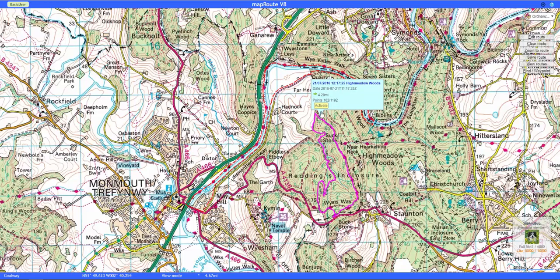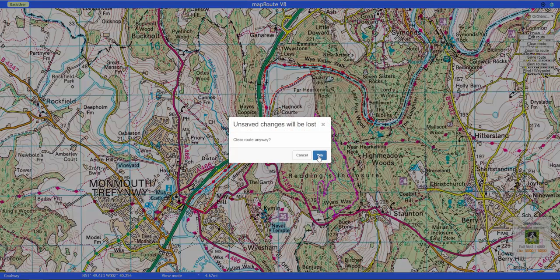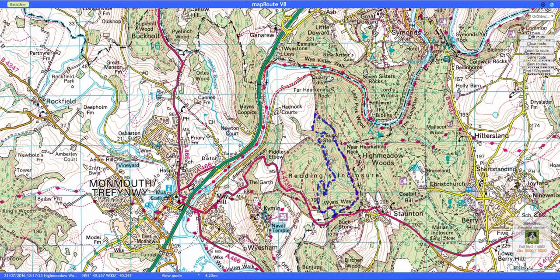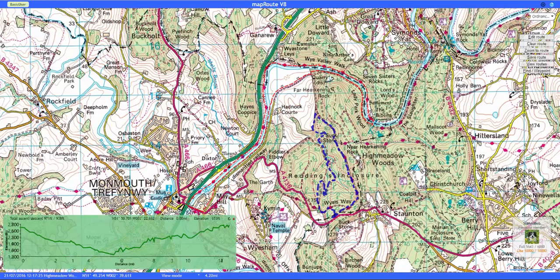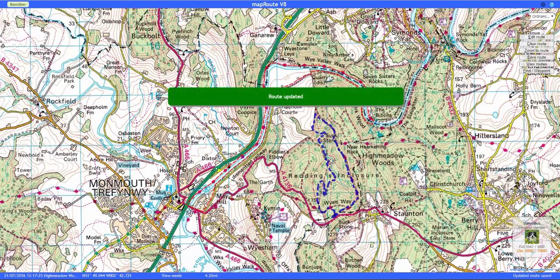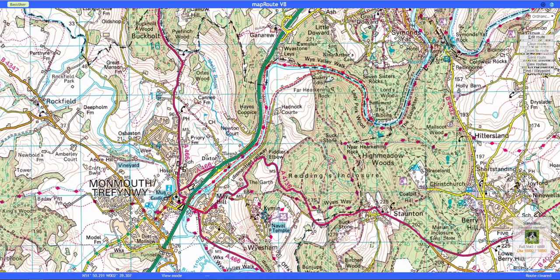I'll activate this route, then I can look at the elevation graph and save the route. I'll clear the route in the static layer now.